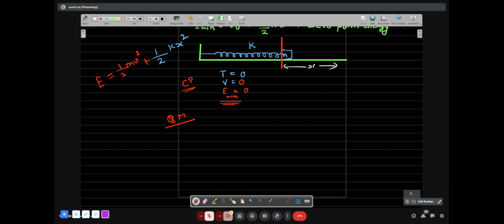If the particle is moving away from the mean position, is it that the potential energy is increasing? Means the displacement from the mean position is also increasing?